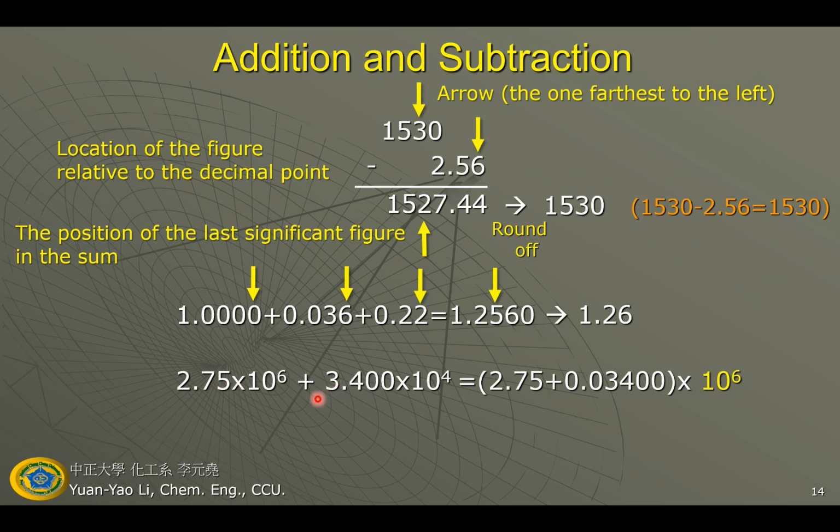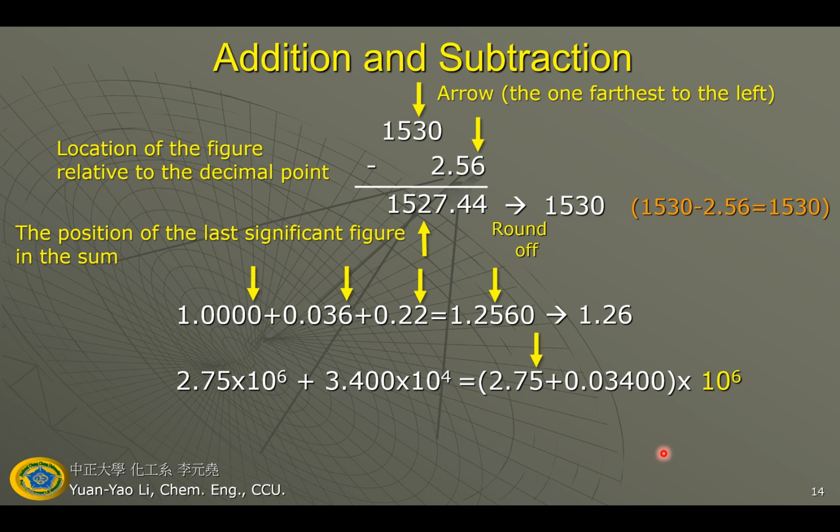How about this one? 2.75 times 10 to the 6 plus 3.400 times 10 to the 4th. Okay, the key point here is you need to make the power the same. So let's make it power 6 first. As a result, you have 2.75 times 10 to the 6 plus 0.03600.